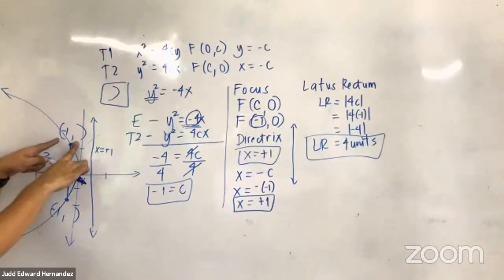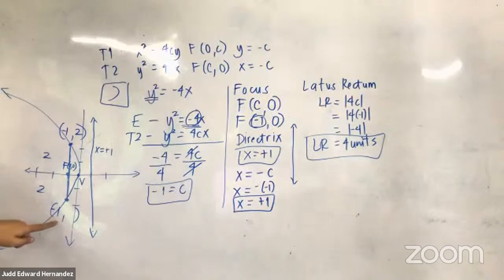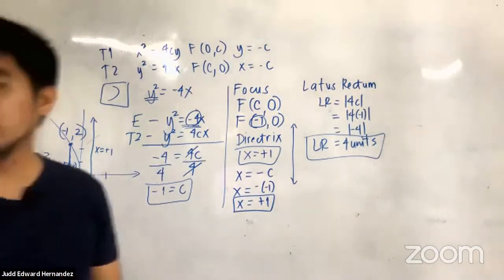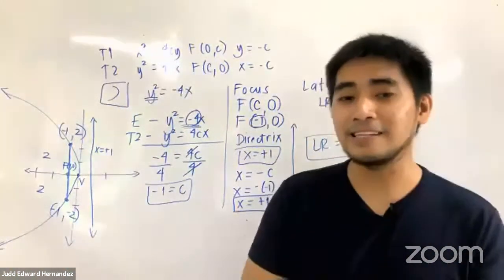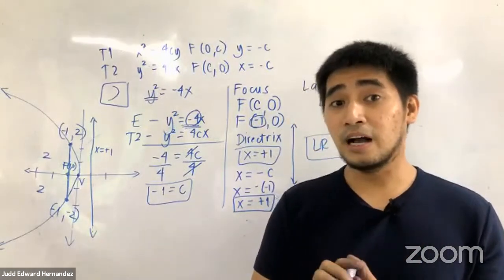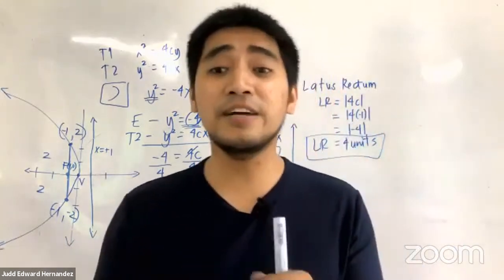Positive 2. Okay, now I go down. This is Negative 1, negative 2. Okay, is it clear now? Clear.